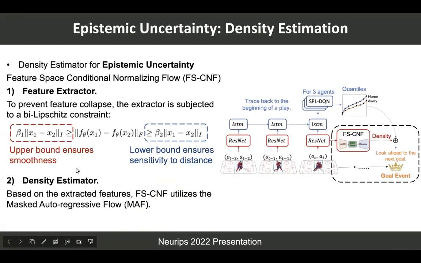With this feature extractor, the next step is to use a density estimator to quantify the probability of the data points. Here we use normalizing flow models to achieve this goal.